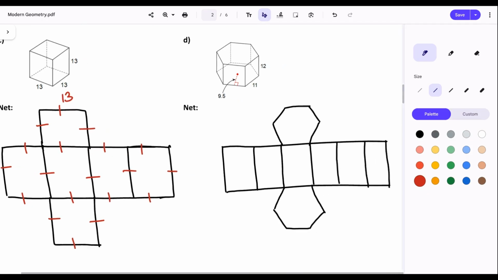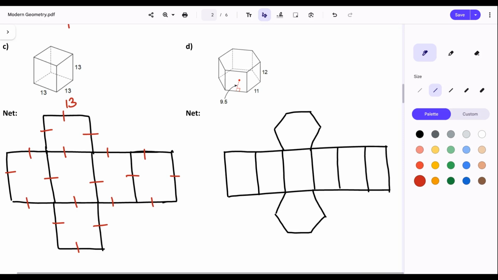Okay, and then this last one is a regular hexagon. Again, it should have 6 rectangular faces all the way across. These would all be 12. The length of a side of the hexagon is 11. And that takes up all the sides of the hexagon, but it also is going to take up the remaining dimensions on the rectangle.